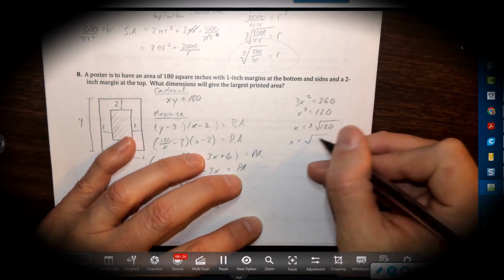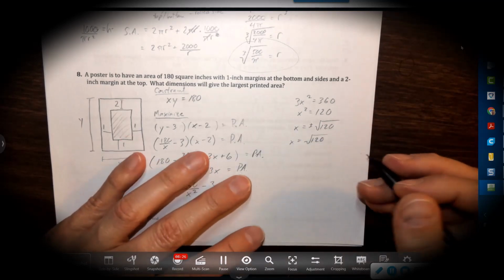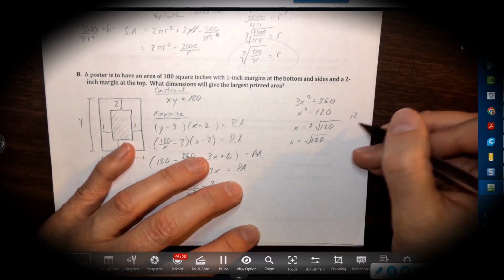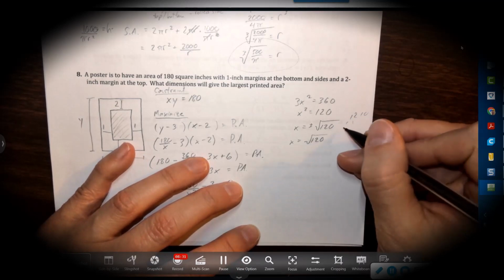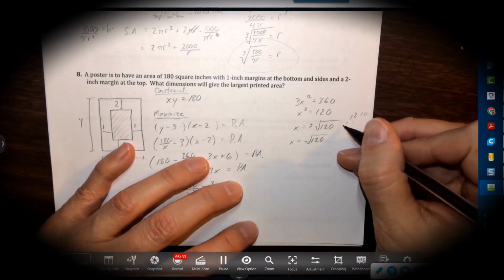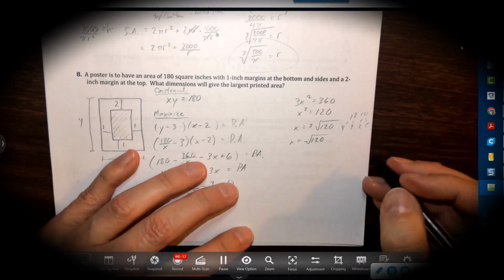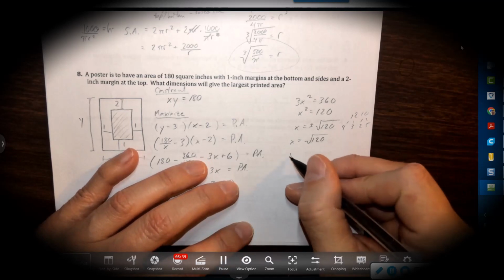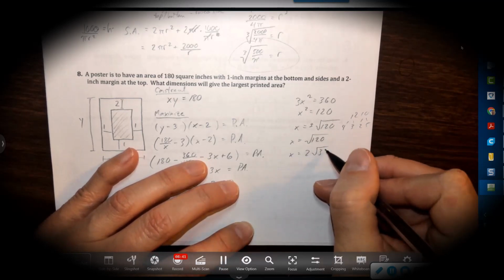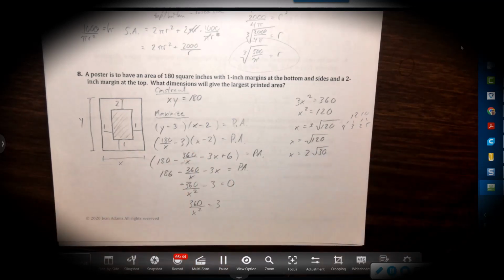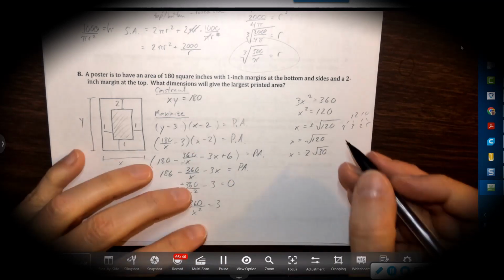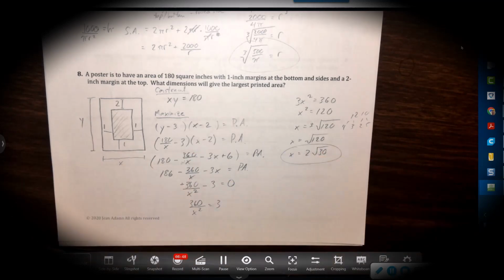So we got the square root of 120, and let's see, 120 is 12 times 10, so that's 2 times 6, that's 4 times 3, it's 2 times 5, so really x equals 2 radical 30. Yep, 2 radical 30, so that's it.